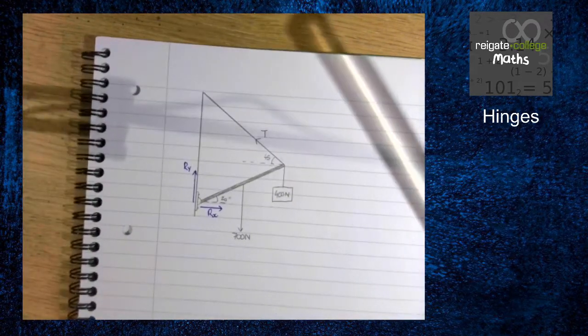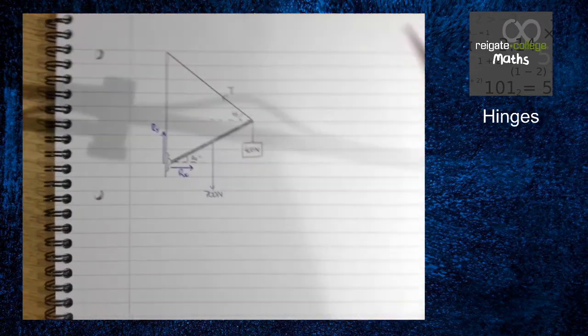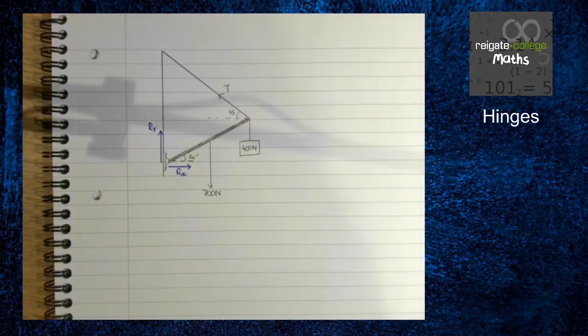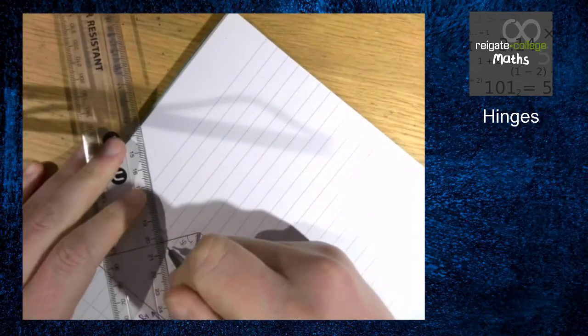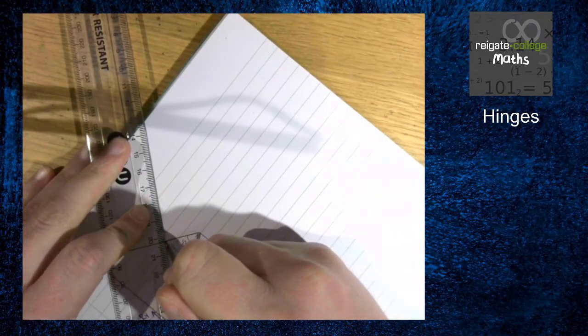The difficulty with this question is that everything's at different angles. So instead of resolving forces, for this one, I'm going to resolve distances. I'm going to do those in a different colour so it's clear. Because don't forget, we want the perpendicular distance from the tension to the hinge.